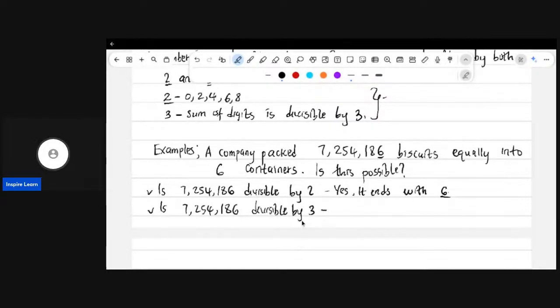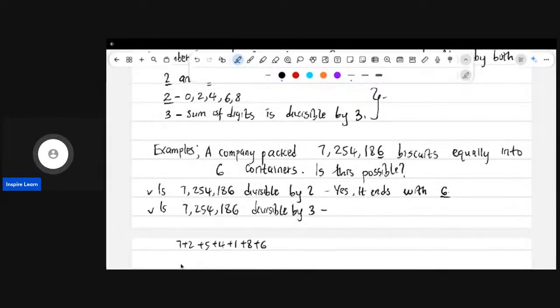A number is divisible by 3 when the sum of the digits is divisible by 3 or is a multiple of 3. So let's add the digits here. So the digits are going to be 7 plus 2 plus 5 plus 4 plus 1 plus 8 plus 6.